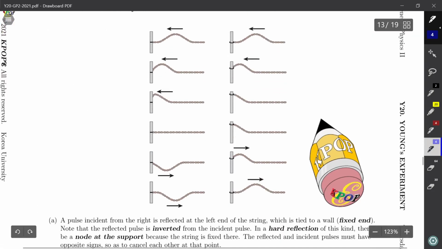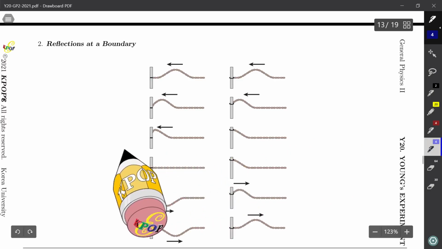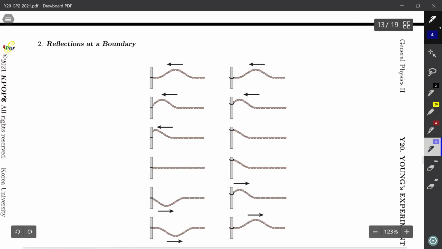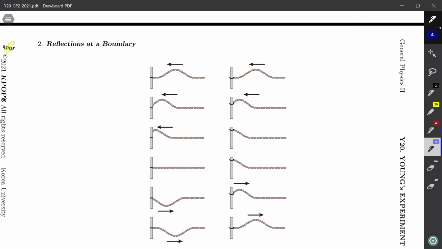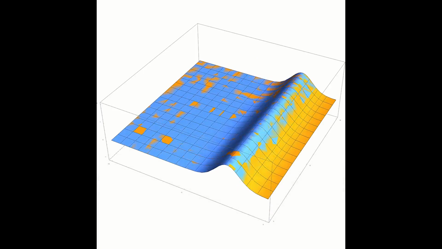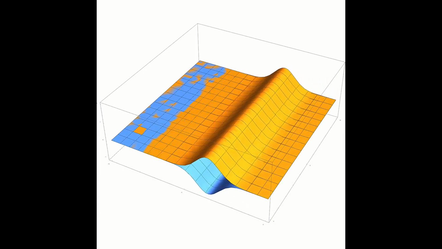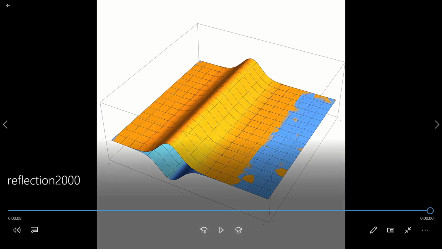Next, we consider reflections at a boundary. Let me show this. If you understand this figure, you understand everything regarding the free end and fixed end.